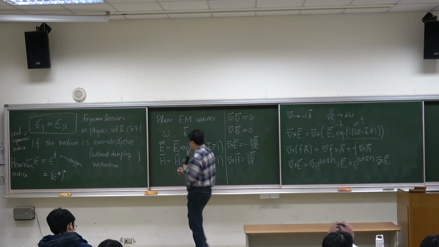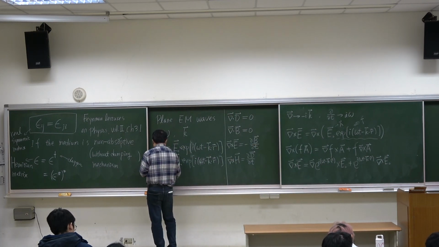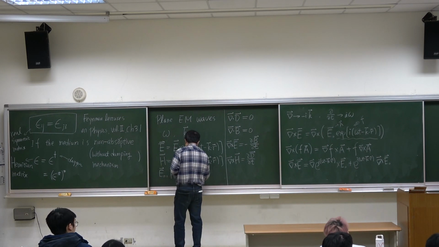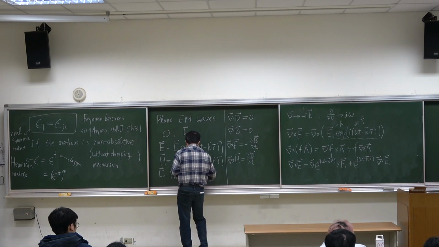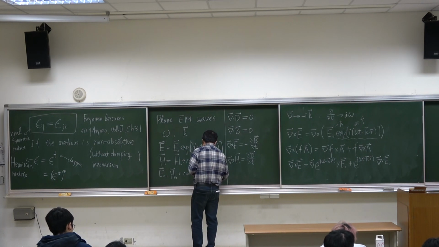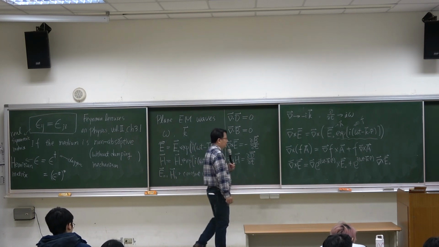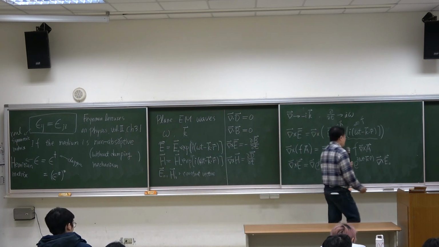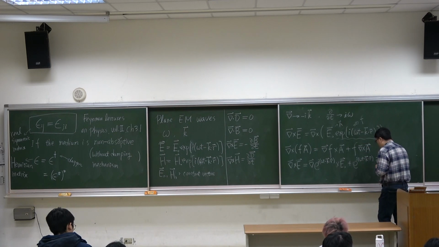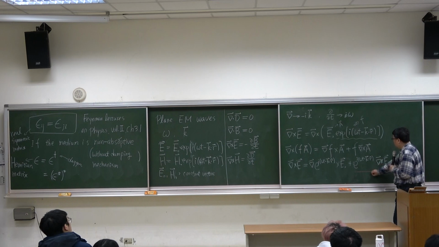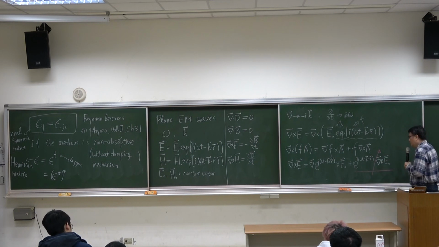However, here E0 and H0 are constant vectors, so the curl of a constant vector is 0.